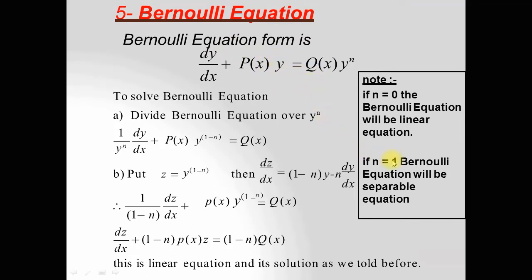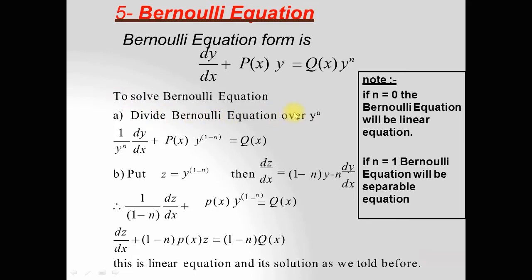And if we put n equal to 1, then the Bernoulli equation will be in separable form. We can easily solve the Bernoulli equation by separation of variables if n is equal to 1. But if n is greater than 1, then how to solve the Bernoulli equation? Let's discuss the procedure for the Bernoulli equation if n is greater than 1.